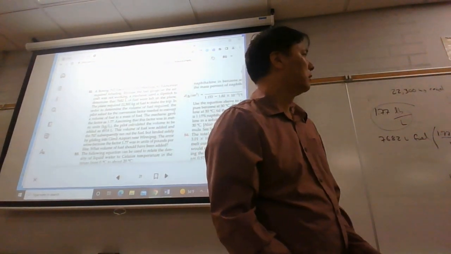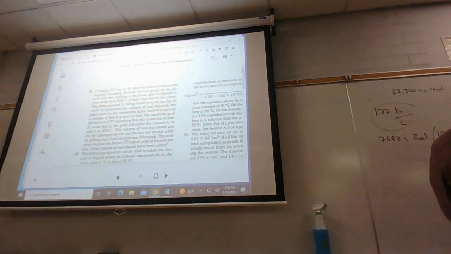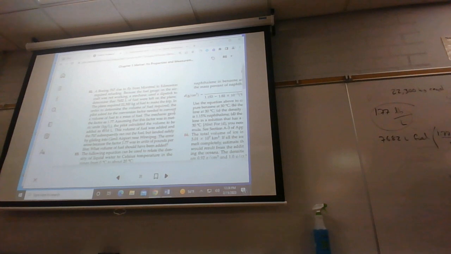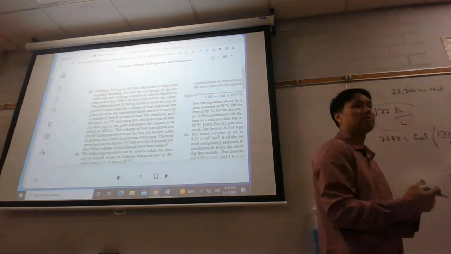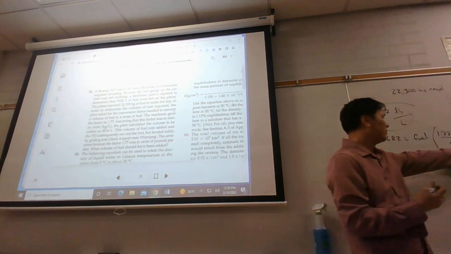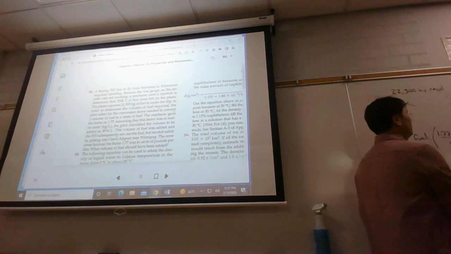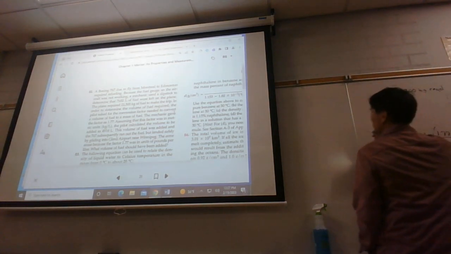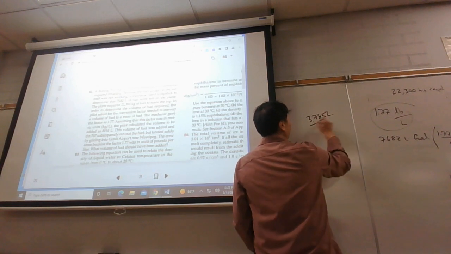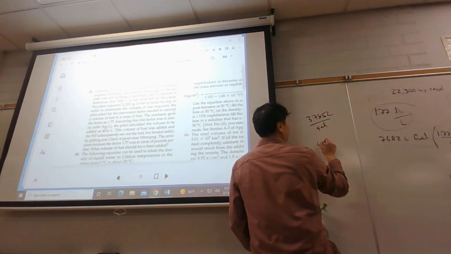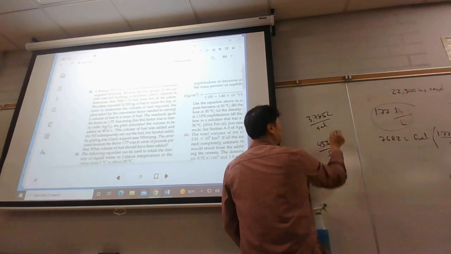Is it 453.4 grams per pound or 453.6? It's 453.6. Would this be expected to be memorized? This one, no, I'd give it to you, but it's common. These two are common: 3.785 liters per gallon and 453.6 grams per pound.